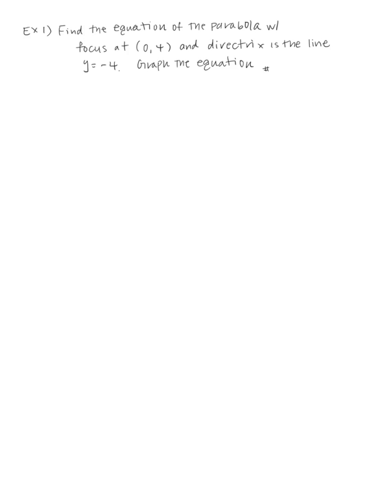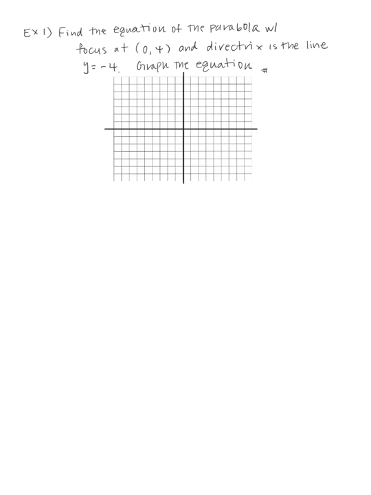Okay, so now I'm going to give you a little rough sketch here. Focus at (0, 4), so 1, 2, 3, 4. Please always label your point. And then the directrix is the line y equals -4.